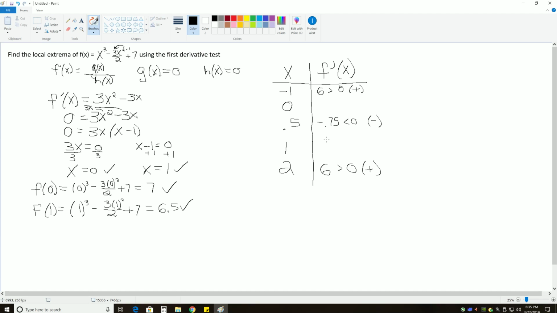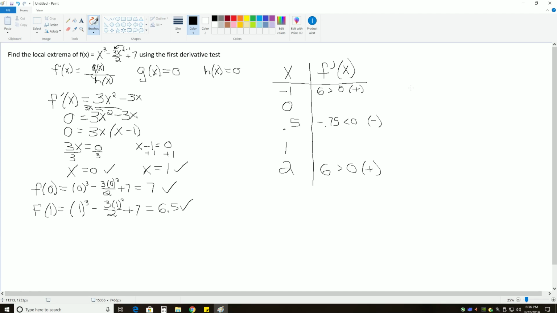And remember, the first derivative test says all you need to do, when you make this table, is go to your critical numbers and check what is the change in sign of our first derivative around this critical number. Meaning, we went from a positive to a negative for our first derivative.